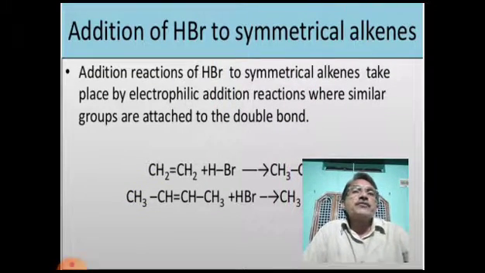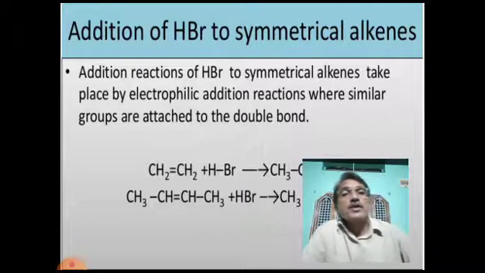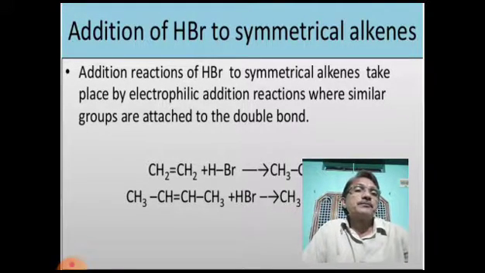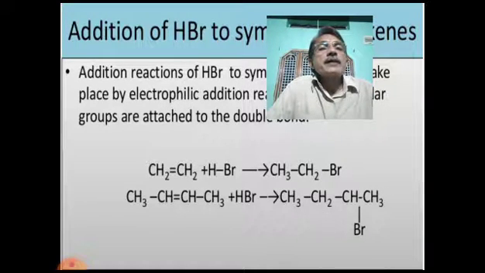Now addition of HBr to symmetrical alkenes. Addition reactions of HBr to symmetrical alkenes take place by electrophilic addition, where similar groups are attached to the double bond. Ethene reacts with hydrogen bromide, giving ethyl bromide.